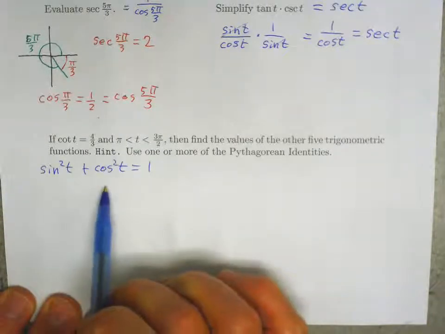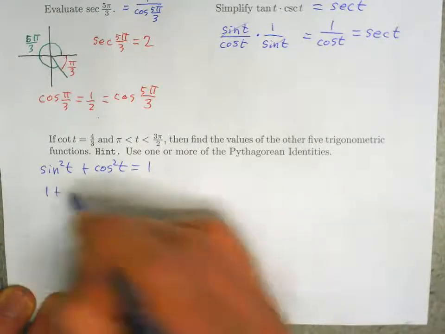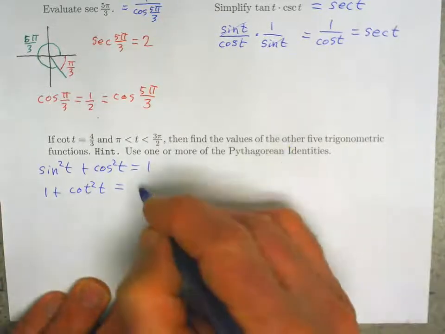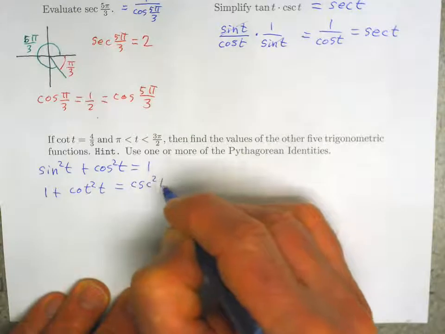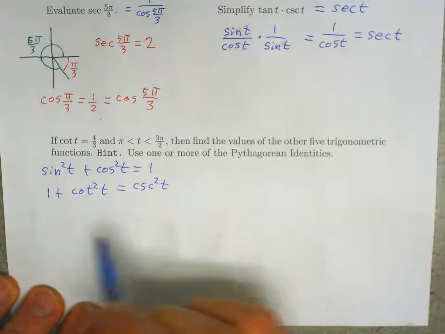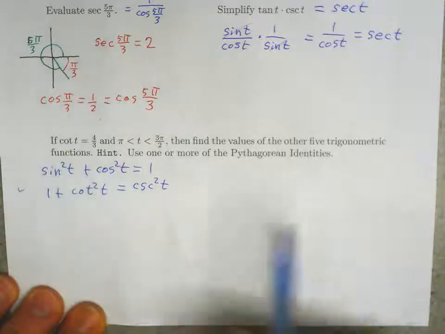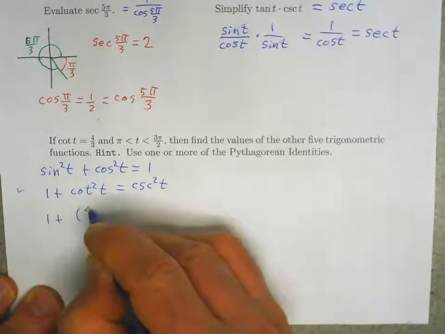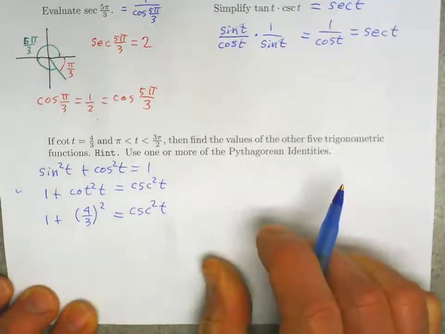If we divide all of those by sine of t squared, we get 1 plus cotangent of t squared equals cosecant of t squared. Because we're given that cotangent of t is 4/3, I can write 1 plus 4/3 squared equals cosecant of t squared.